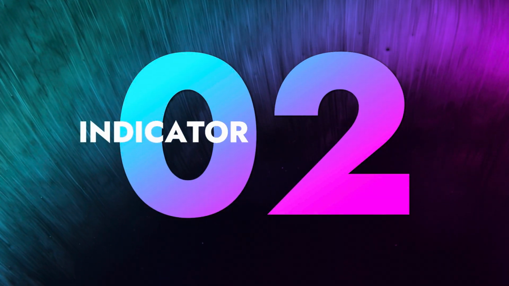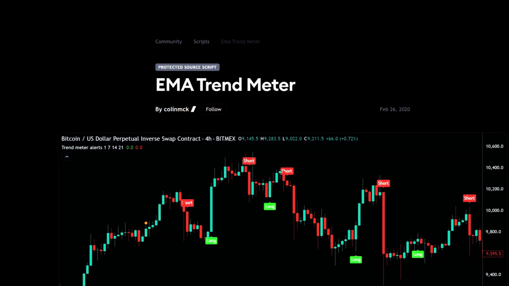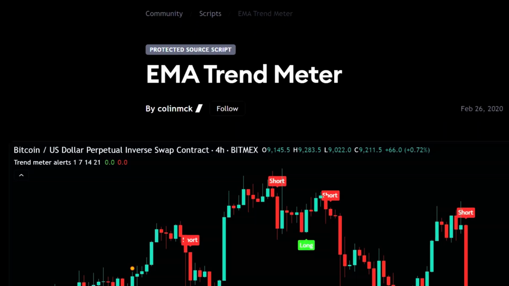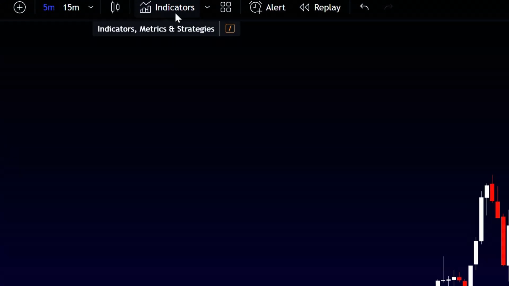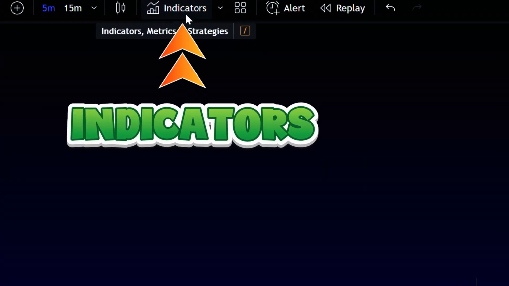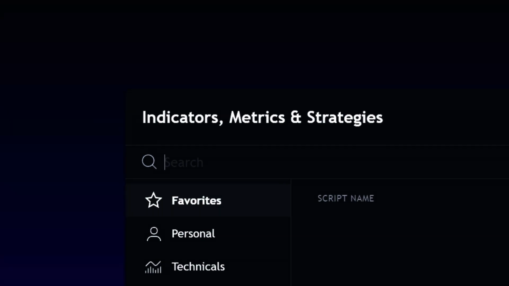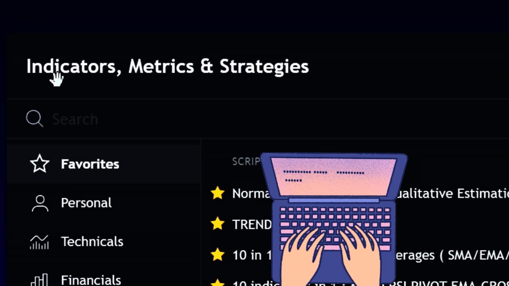Time to bring in the big guns, the EMA trend meter. Open the indicator search bar. Type in EMA trend meter and select it.